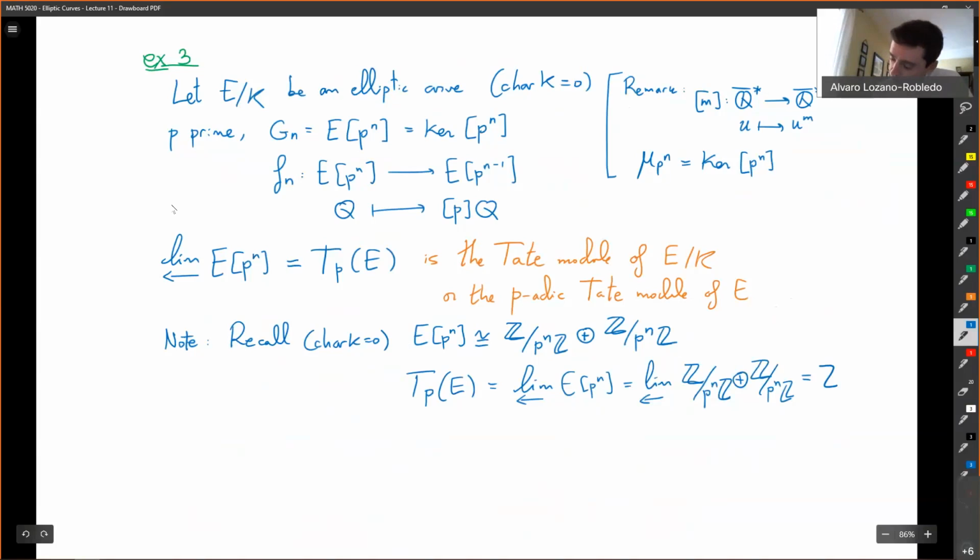So this is Zp plus Zp. Okay, so it's a rank 2 p-adic module.